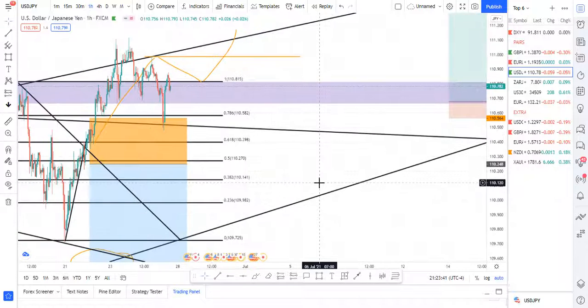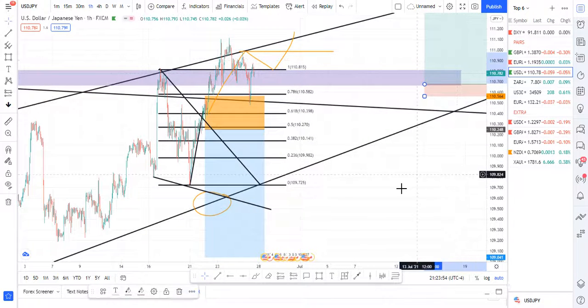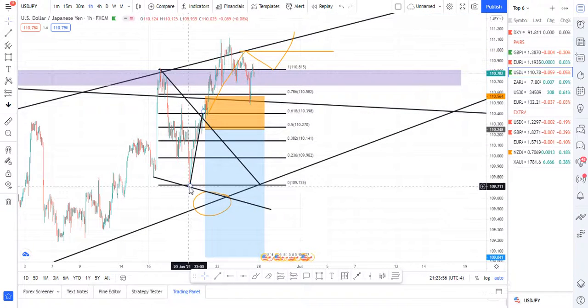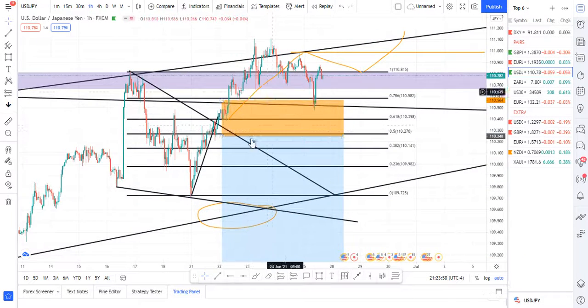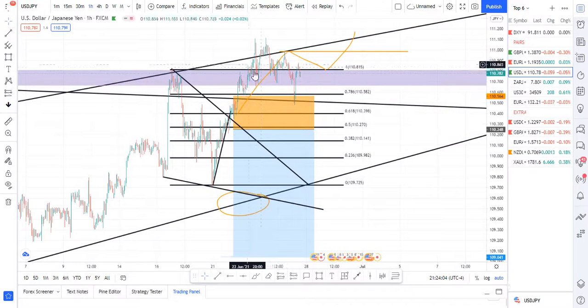Let's see properly. Oh yeah, see, it took me in. I feel like I was impatient with it. No, I'm lying. You see, guys, I made a mistake. Sorry. I was basically going to sell it. I sold because I was thinking of a weaker US dollar, based on the fact that it was here.